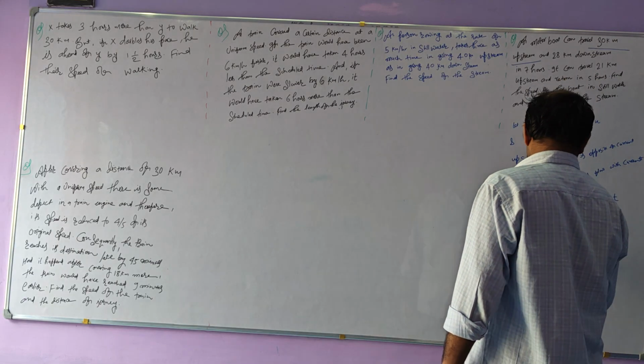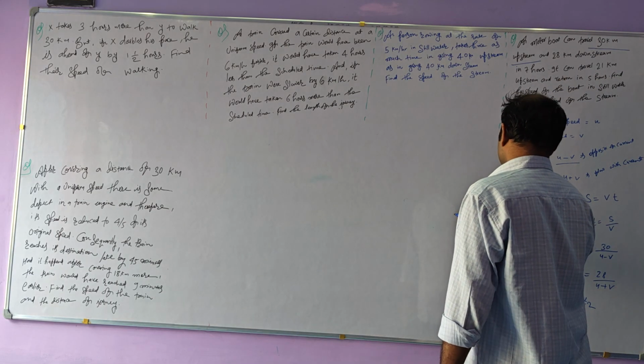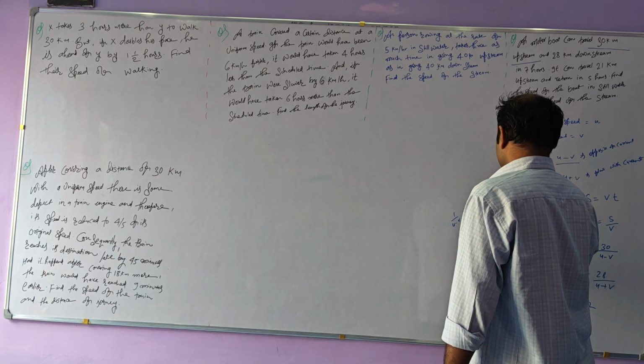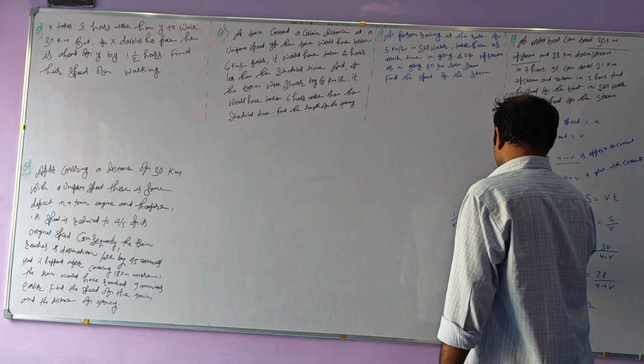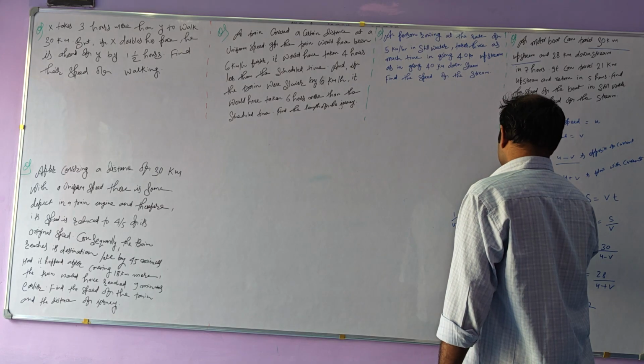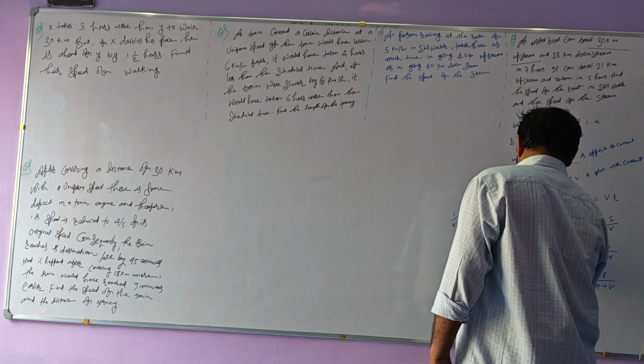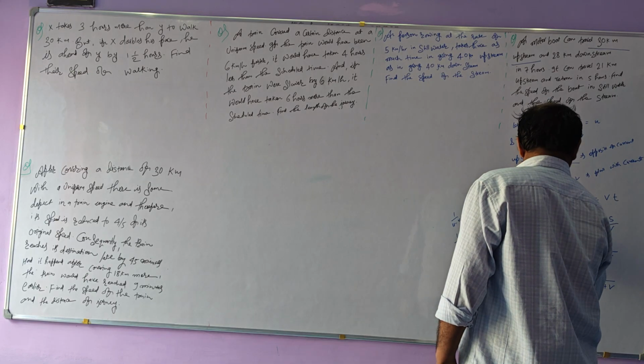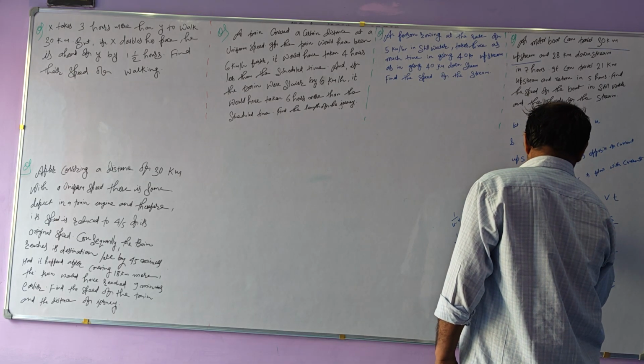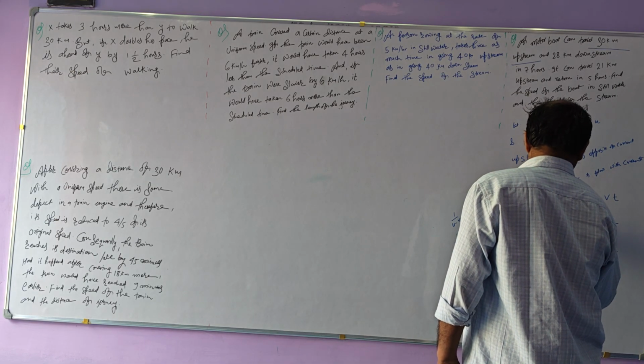When we solve this, let 1 upon u minus v be equal to x and 1 upon u plus v be equal to y. Then 30x plus 28y is equal to 7.